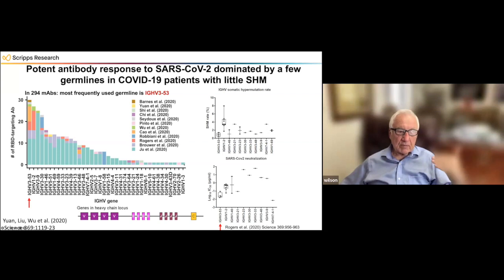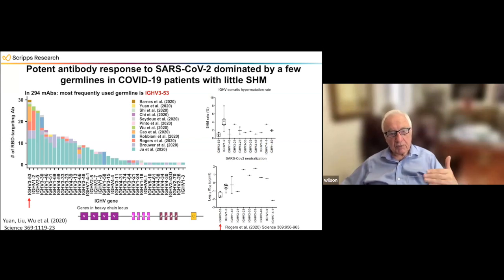So what was perhaps not as surprising is that there were not a lot of somatic mutations. This is usually the process you undergo to increase the affinity, because these were pulled out from people who were early infected, fairly close after their infection.